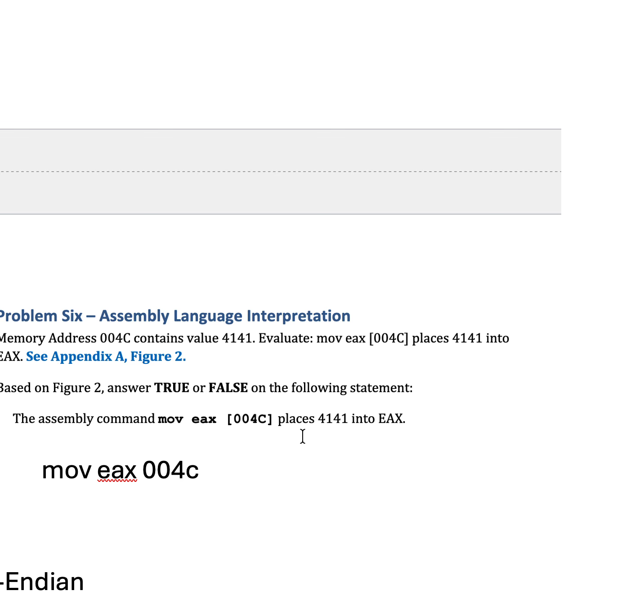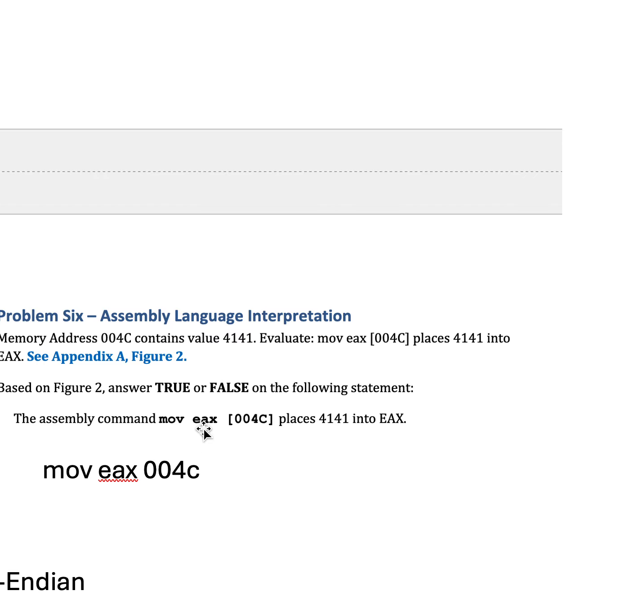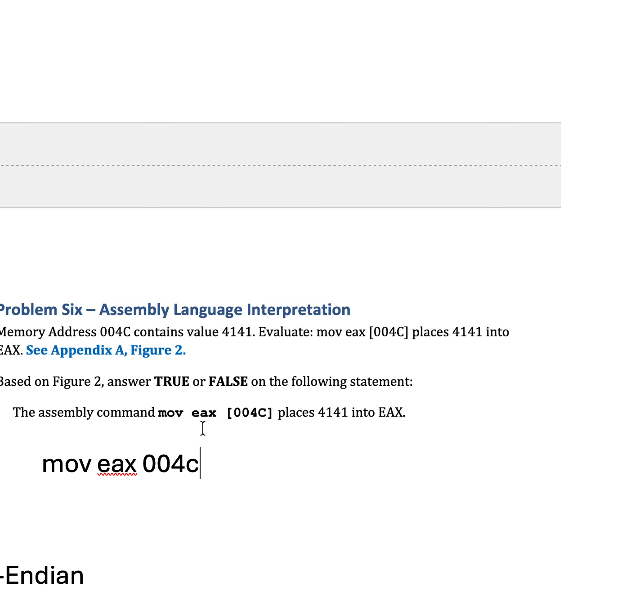So this instruction, move EAX, location 004C, is asking you not to move the literal 4C, but to move whatever is inside the memory location 004C into EAX. Based on this diagram, that would be true.